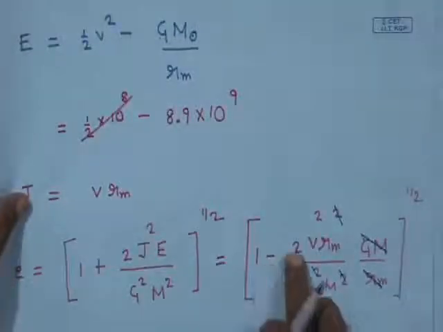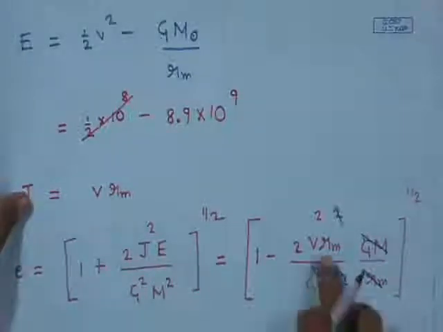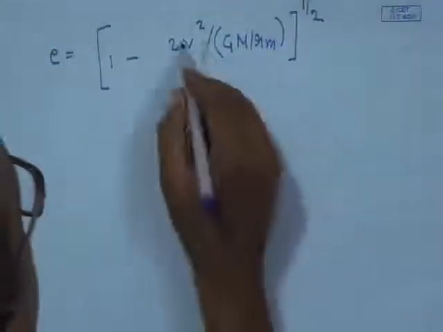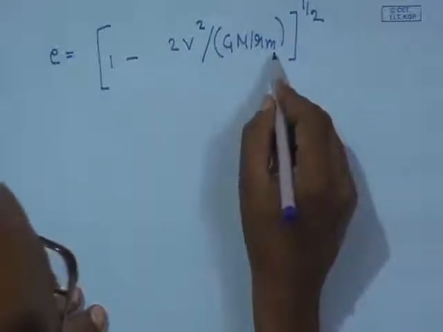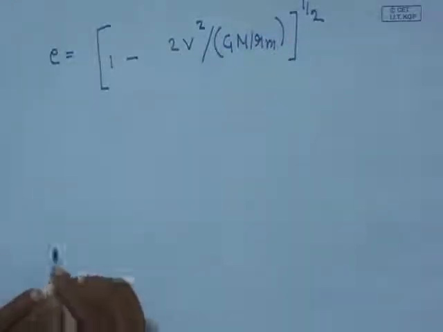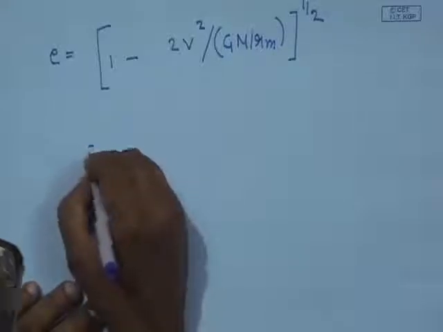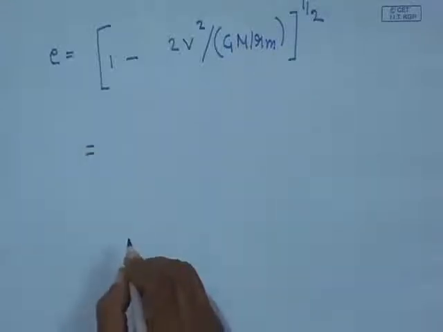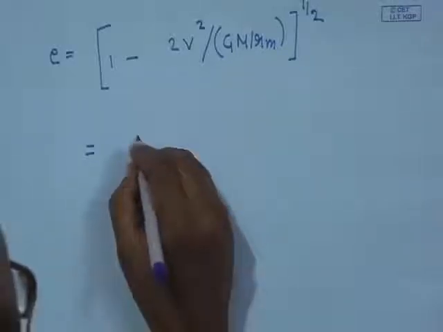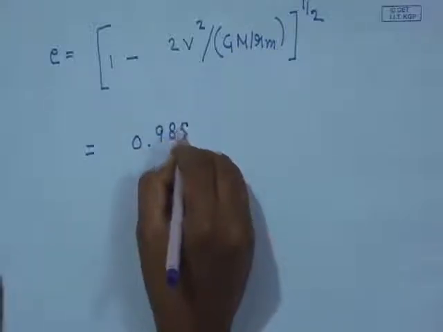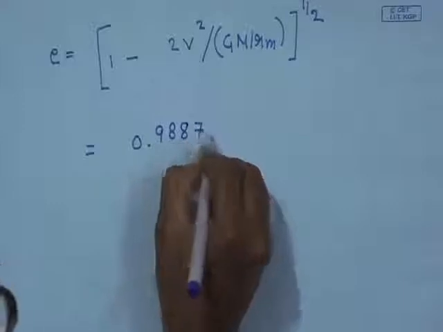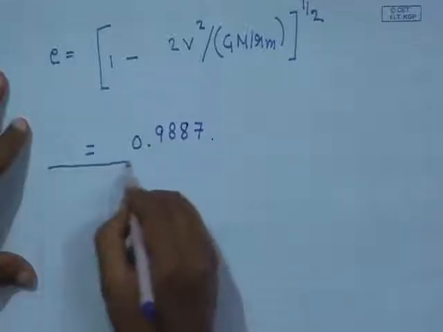So, 1 minus 2 v square divided by G M by r m, and you have to just put in the value of the velocity here. We have calculated G M by r, the perihelion distance, and take the square root of that. What you find is that the eccentricity comes out to be 0.9887. So, that is the eccentricity of the orbit.